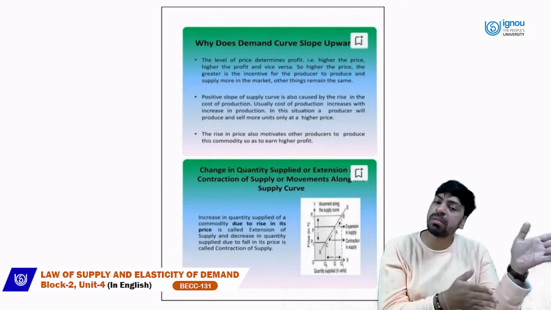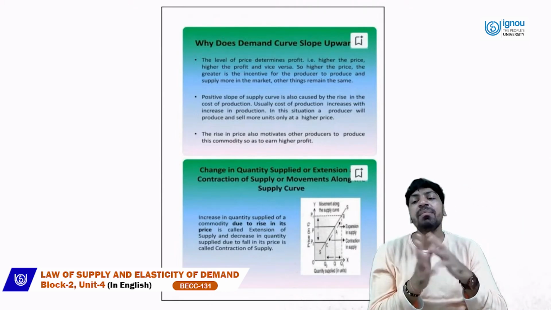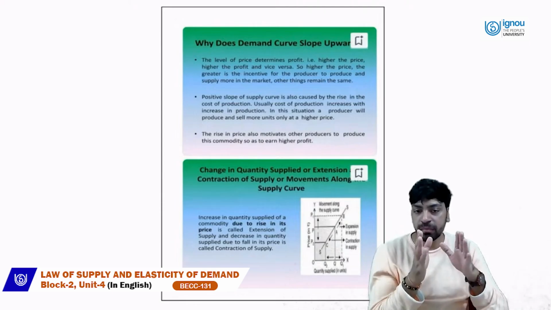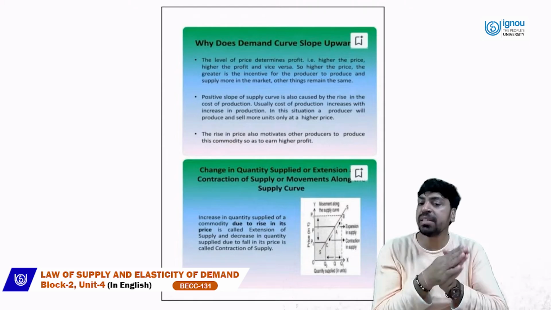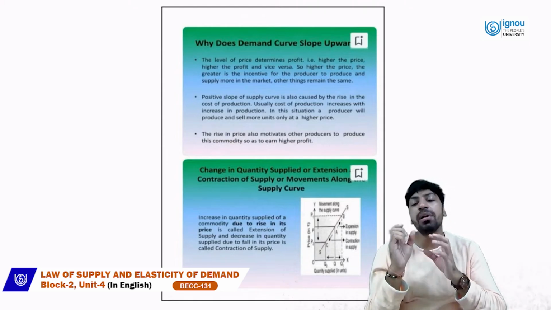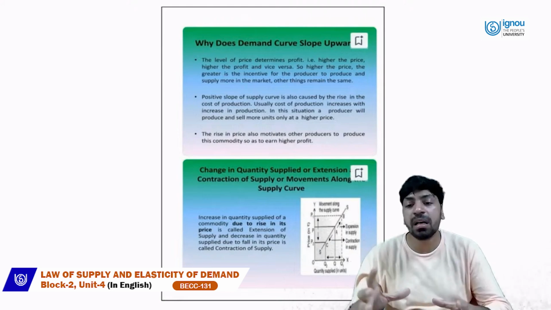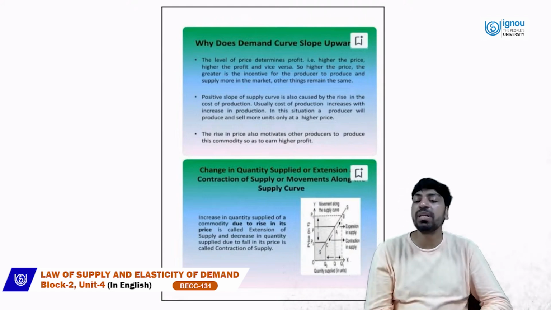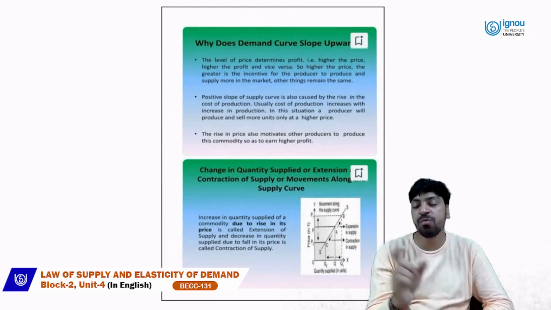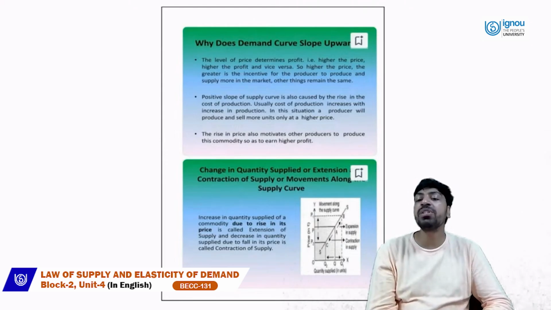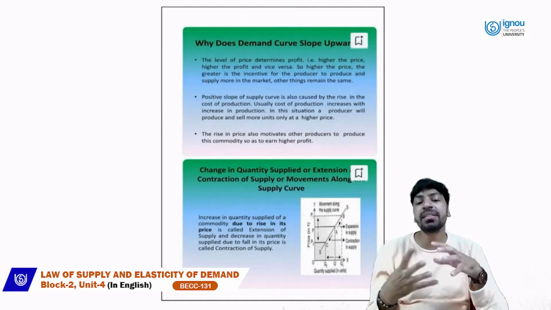Just because of the increase and decrease of the prices, the quantity supplied changes. If there is an increase in the price, and you see the upward sloping curve with an upward arrow, it refers to an extension in supply. Why is it called extension?